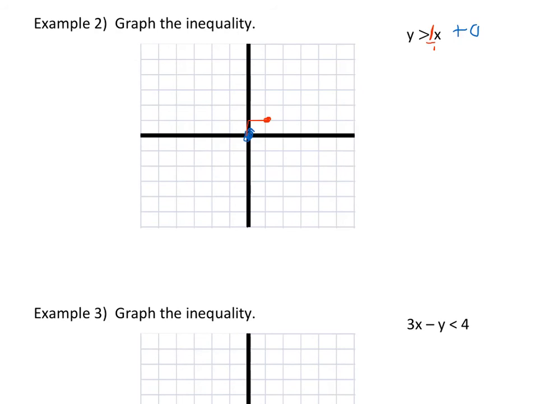Well, the inequality has no line underneath it, which means it's not equal to, it's just greater than, so we're going to do a dashed line. And then we have to decide shading, and this is greater than, so greater than says we shade upward, so we shade above the line we drew.